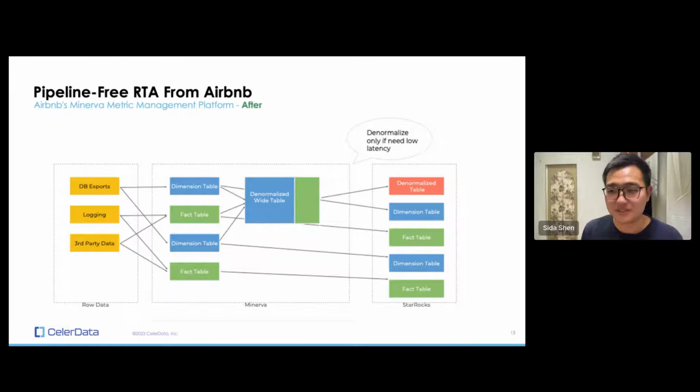It's only done on demand, right? Last time we checked, only about 20% of the tables are still denormalized, those requiring high concurrency or very low latency, and the majority of the tables are normalized now. It saved them a lot of time and money.